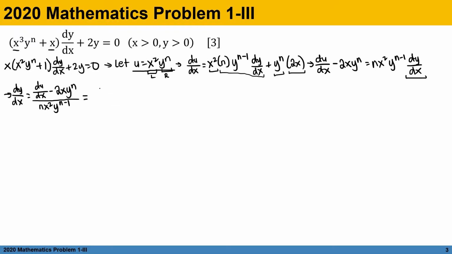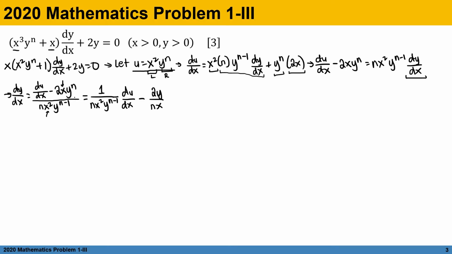We can have 1 over n x squared y to the n minus 1 times du over dx, minus 2y over nx. The x here and x squared will simplify to x in the denominator.